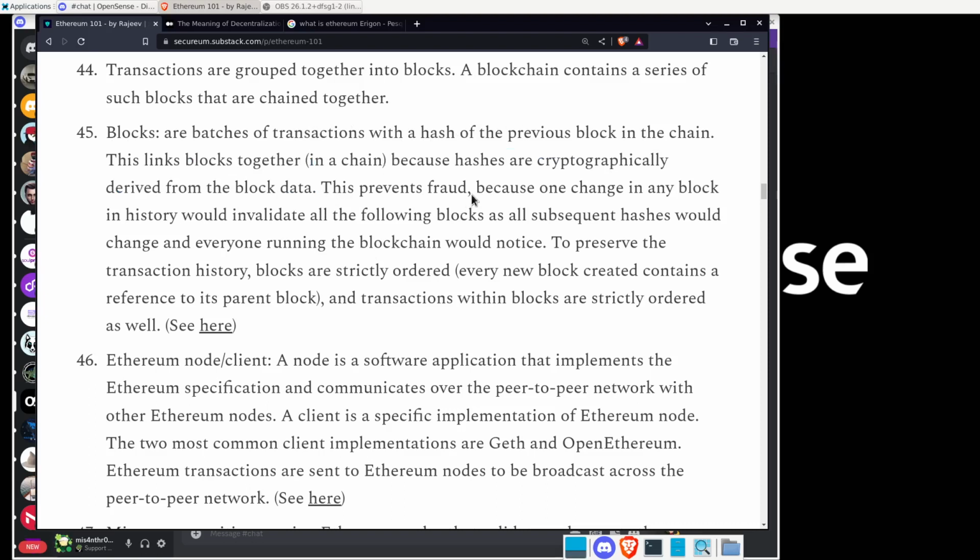This prevents fraud because one change in any block in history would invalidate all the following blocks, as all the subsequent hashes would change and everyone running the blockchain would notice. To preserve the transaction history, blocks are strictly ordered. Every new block created contains a reference to its parent block, and transactions within blocks are strictly ordered as well.